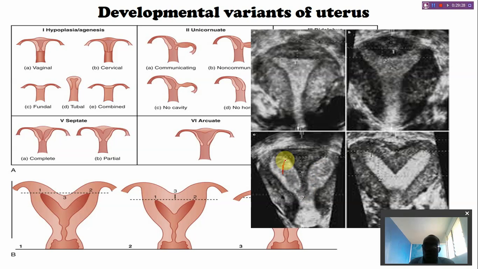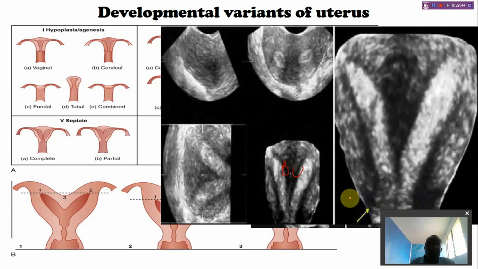So this bicornuate uterus, this partial septate, and this also the didelphys uterus. You have further ones here showing the didelphys and bicornuate, with 2 endometriums. You can see 2 endometriums here, depicting a typical example of the developmental variants of the uterus.